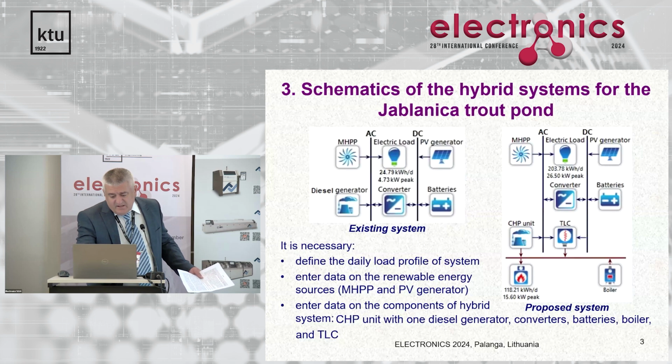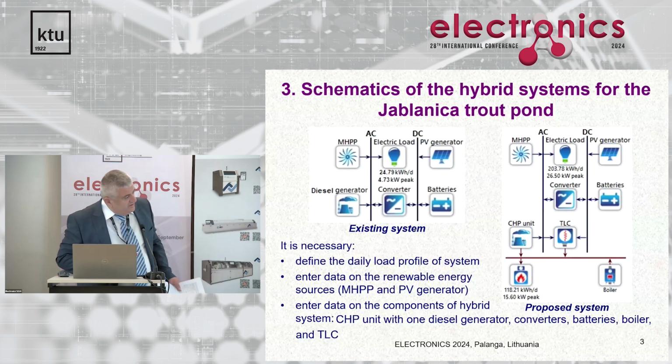And this is the nowadays existing system. And what we did is shown on the right side of this slide. We included this thermal load controller and boiler to produce warm water for the growing up of carp fish.